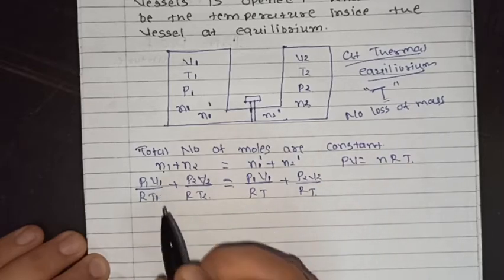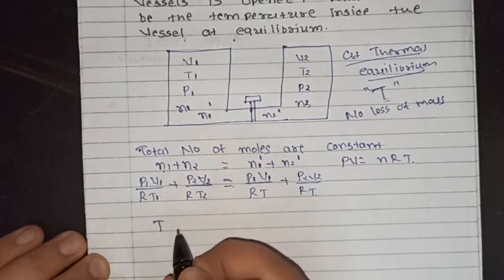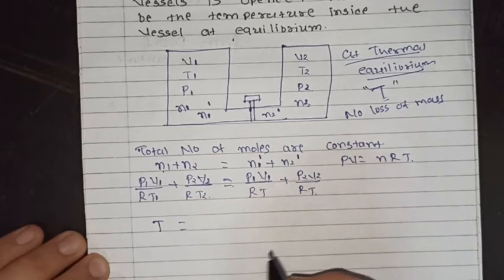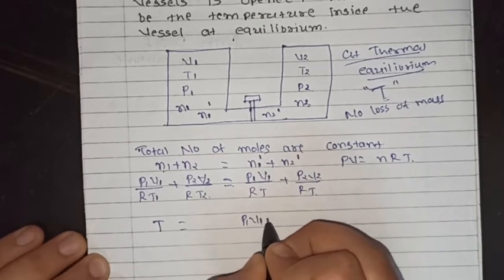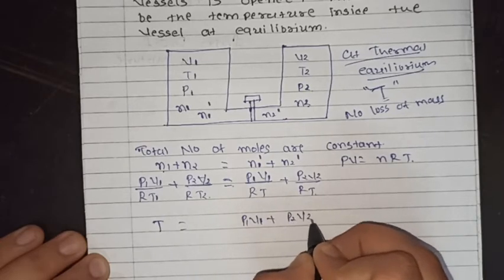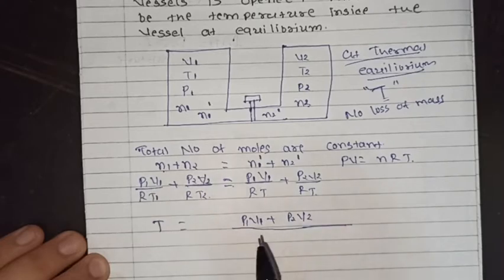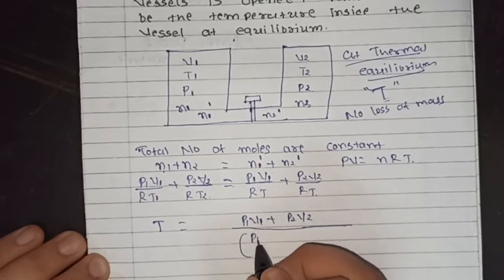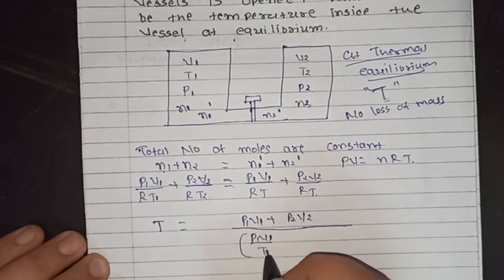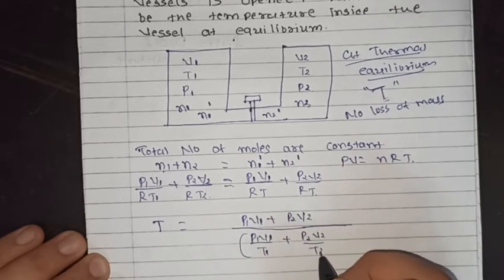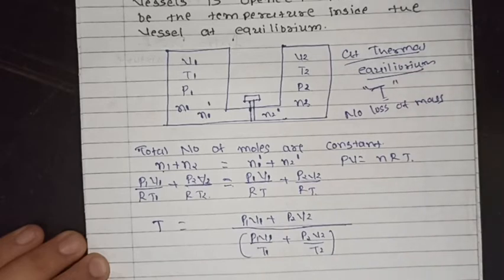This will be in the opposite direction. So T will be equal to, here only P1 V1 plus P2 V2 is remained. So P1 V1 plus P2 V2 divided by, this will be in denominator, P1 V1 divided by T1 plus P2 V2 divided by T2.